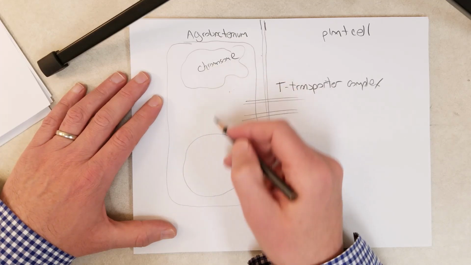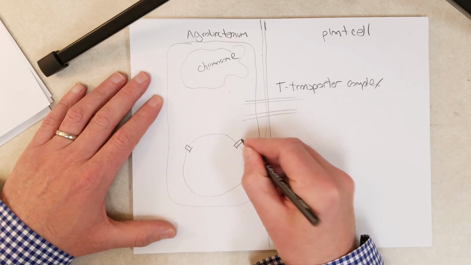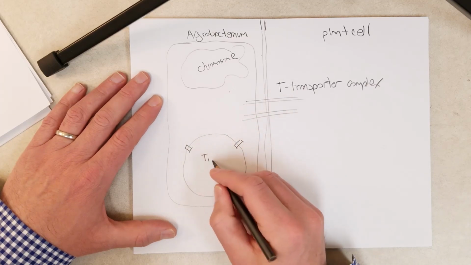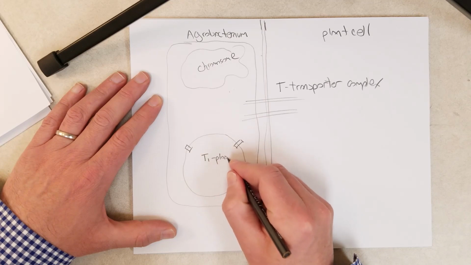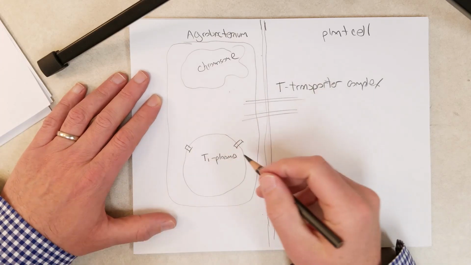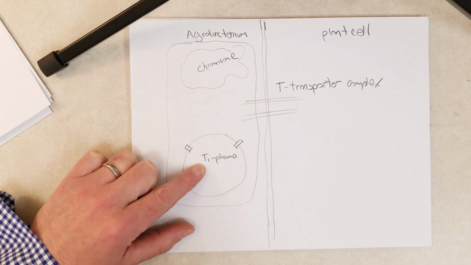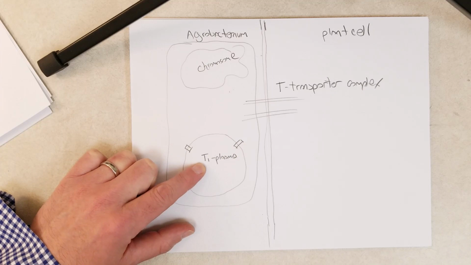So these are not to scale, obviously. This plasmid is called the Ti plasmid, for tumor-inducing plasmid. And we're going to see that Agrobacterium, when it infects plants, can cause tumors in plants, which are also known as galls.